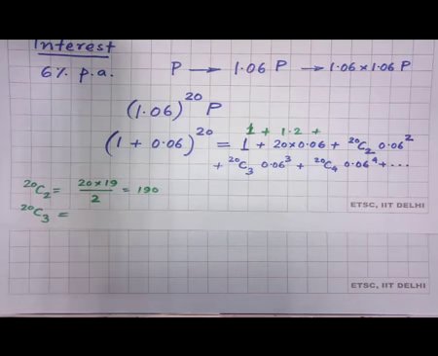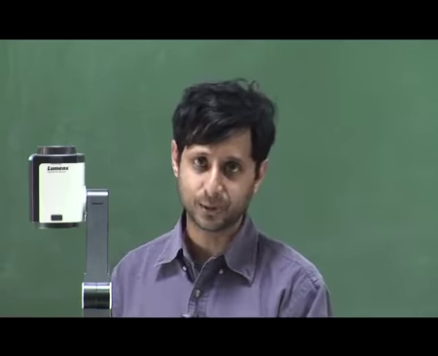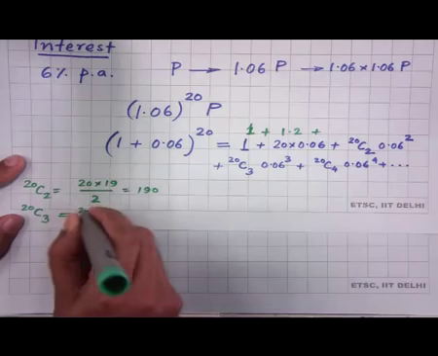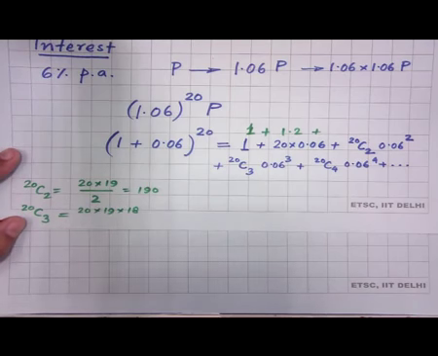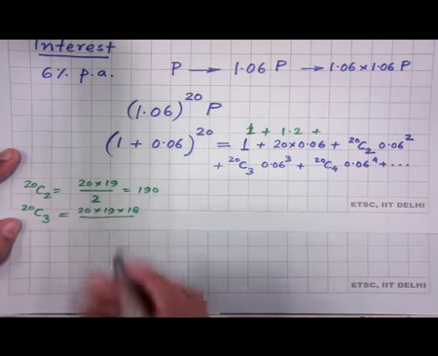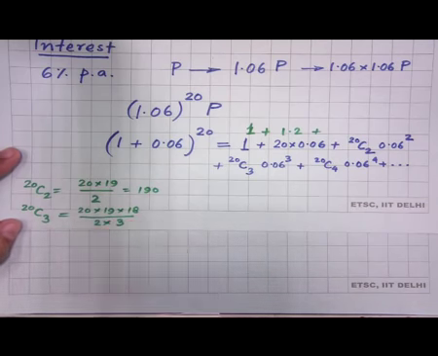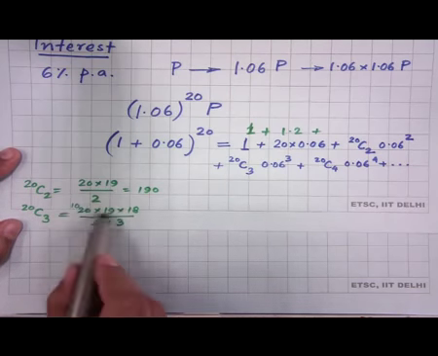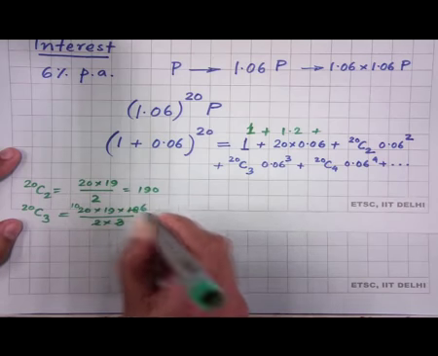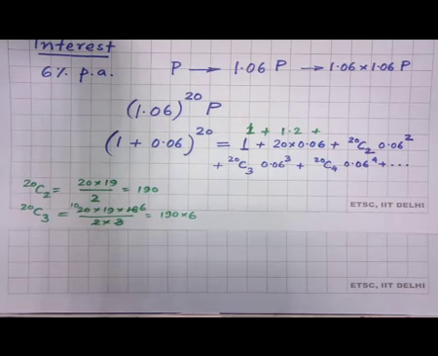How do you do 20C3? 20C3 is nothing but factorial 20 divided by factorial 17. So, 17 terms have cancelled out, and then what remains? 20 into 19 into 18, that is what remains, and then the whole thing divided by factorial 3, which is 2 into 3, right, and this gives you 190 times 6, whatever that is, right.